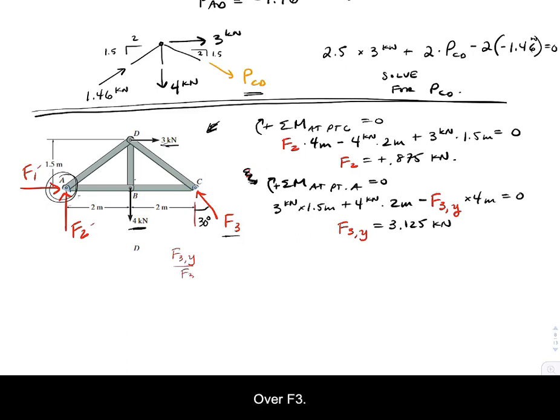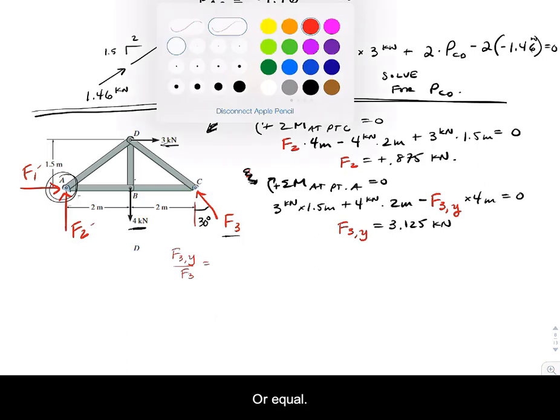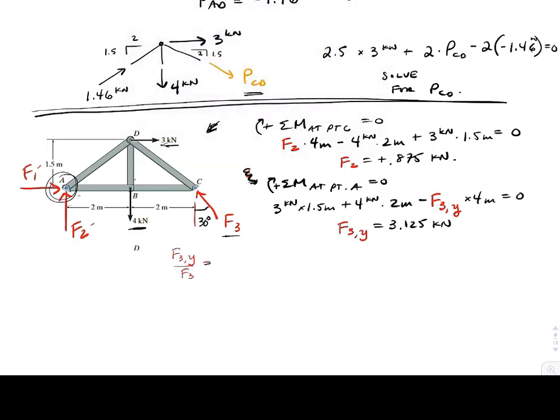And if we go ahead and take a look at the trig, we would see that F3y over F3 would equal cosine of 30 degrees. So the cosine of 30 would be F3y divided by F3. And so that would tell us that F3 would equal F3y divided by cosine 30 degrees.